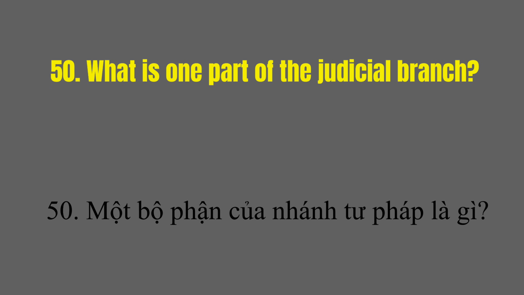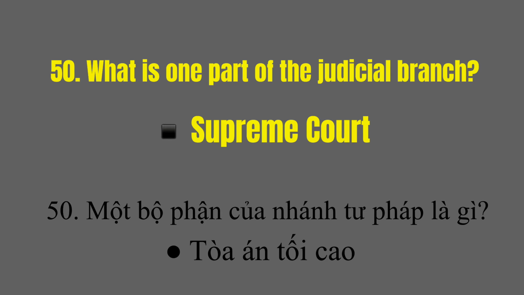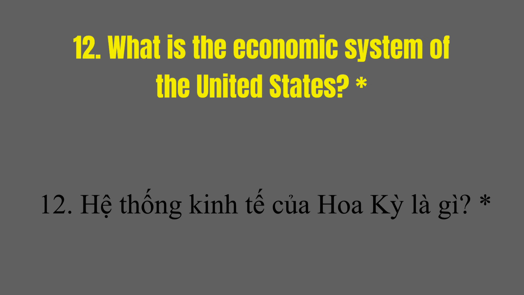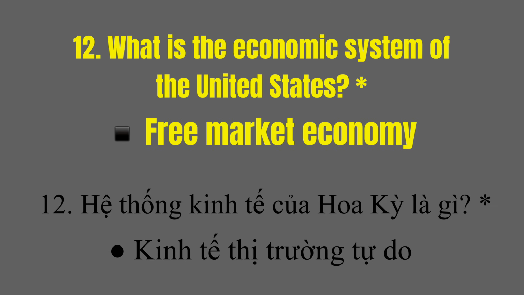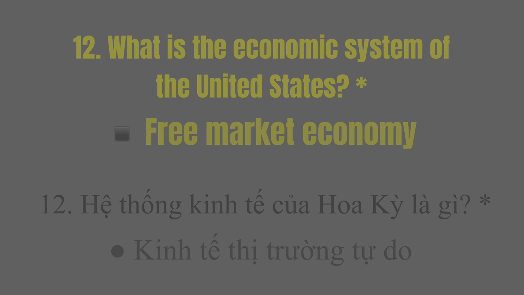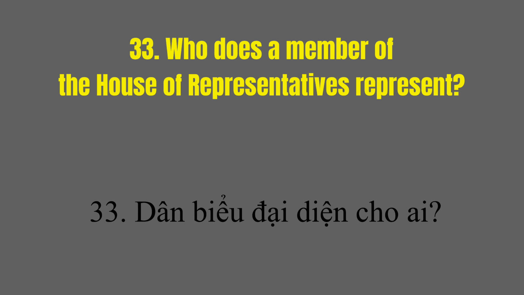What is one part of the judicial branch? Supreme Court. What is the economic system of the United States? Free market economy. Who does a member of the House of Representatives represent?